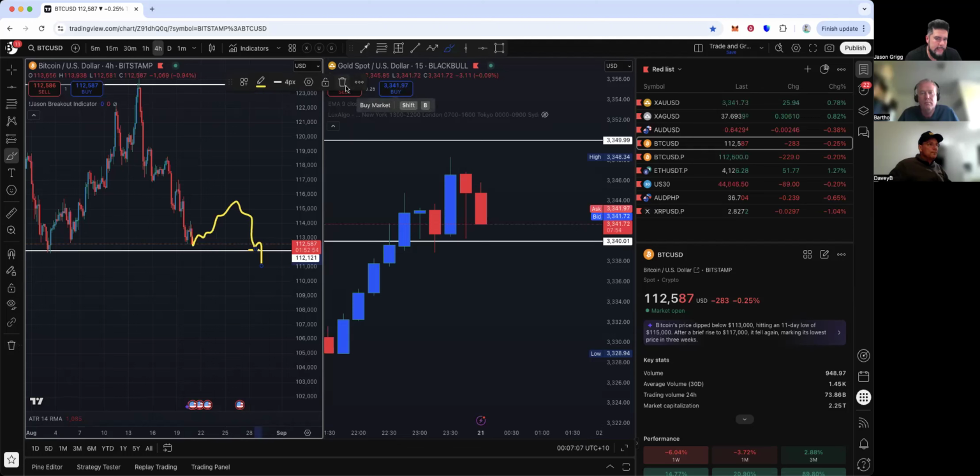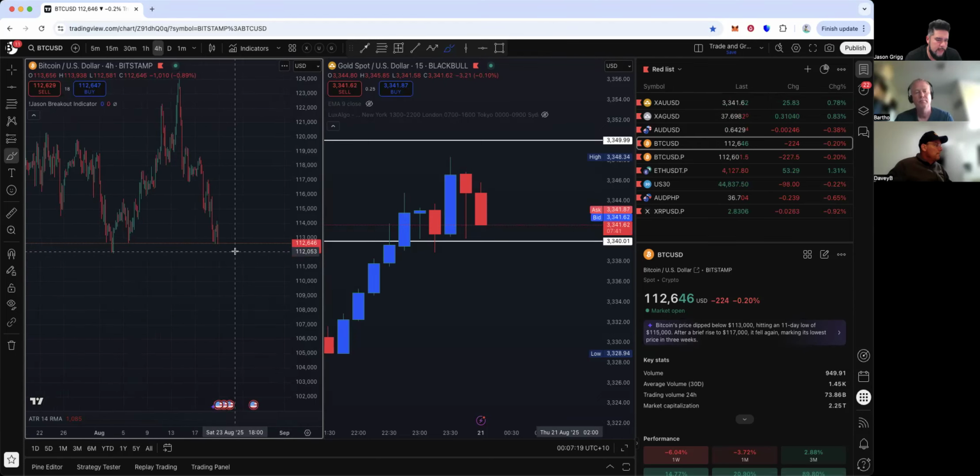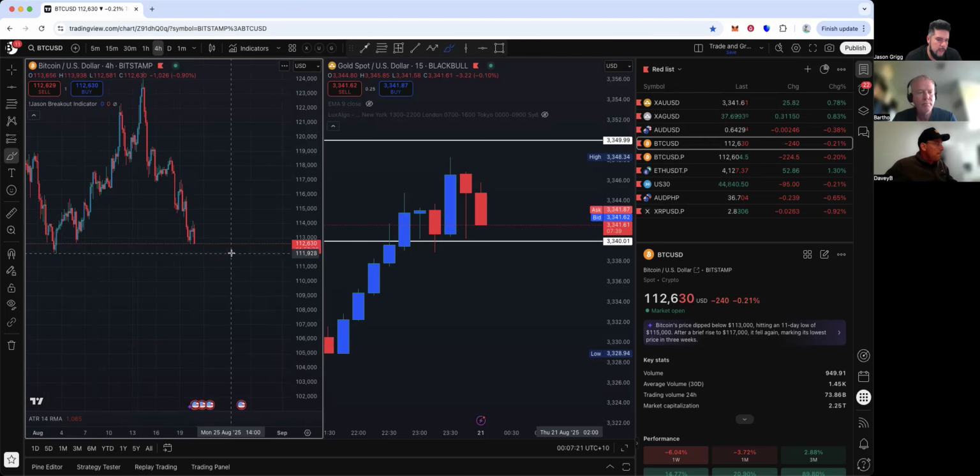So BTC is one to watch if you're holding. Watch its previous structures coming up and see how it reacts. But big sell-off, recovery, sell-off, recovery, sell-off, recovery.